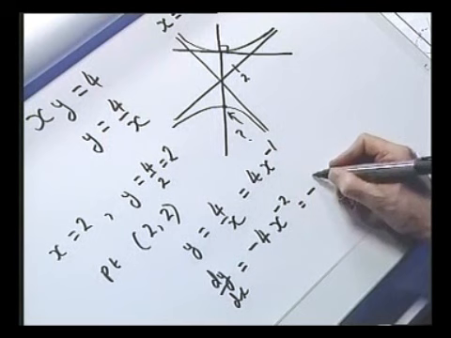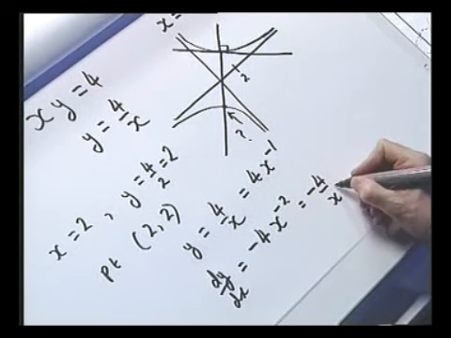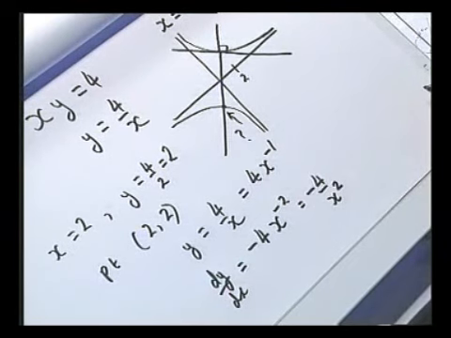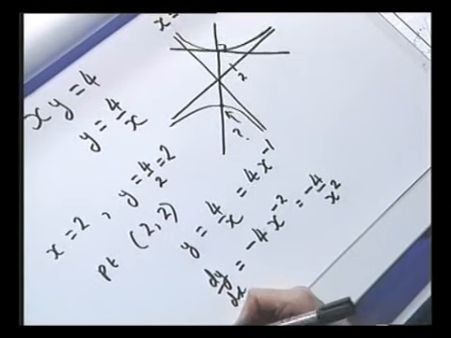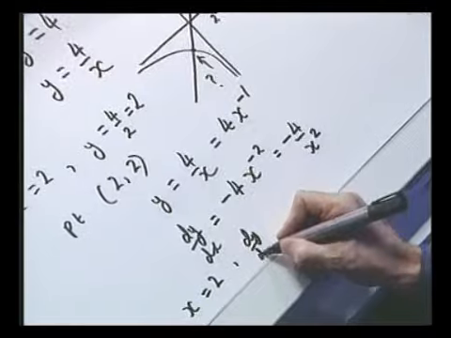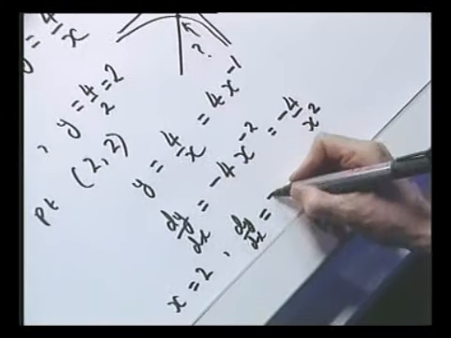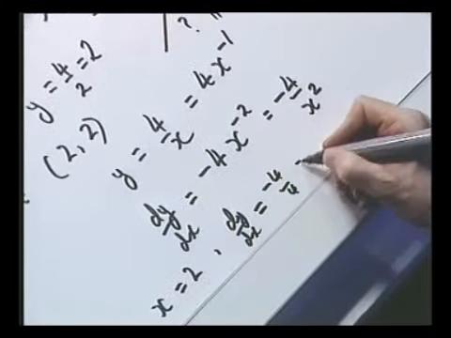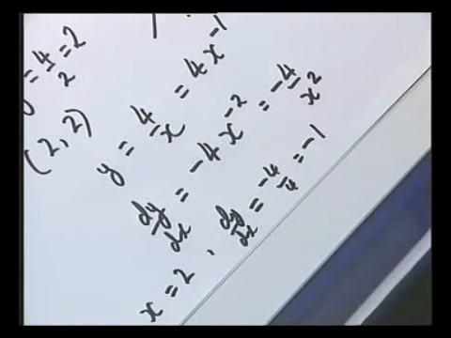So we have minus 4 over x squared. x is equal to 2, and so dy/dx is minus 4 over 4, which is minus 1.